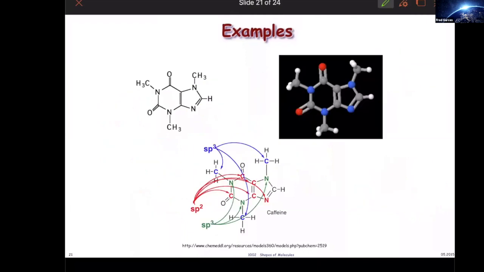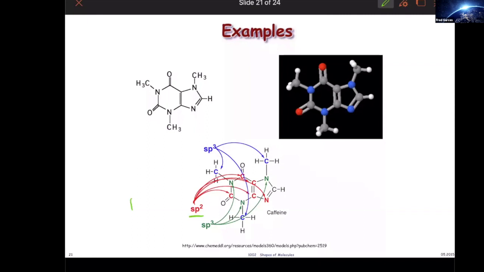Here's the example that we just did, okay? Caffeine, like I said, where the red tells you that it's going to be trigonal, okay? That is, the electronic geometry is trigonal. The blue tells you it's tetrahedral, as well as the green.